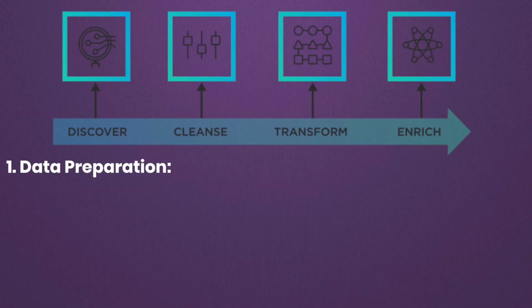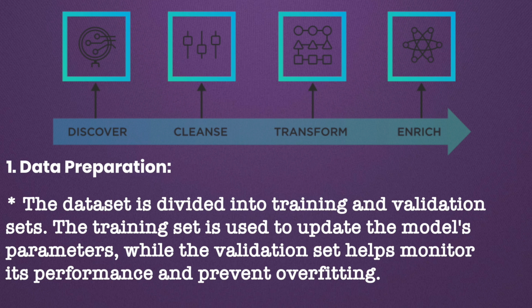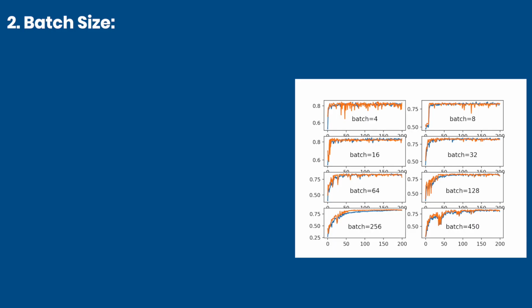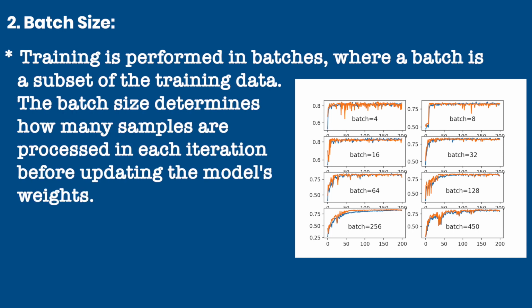Data preparation. The data set is divided into training and validation sets. The training set is used to update the model's parameters, while the validation set helps monitor its performance and prevent overfitting. Batch size. Training is performed in batches, where a batch is a subset of the training data.